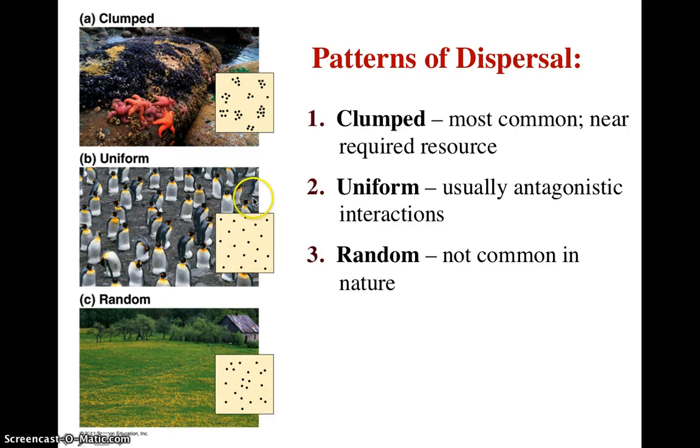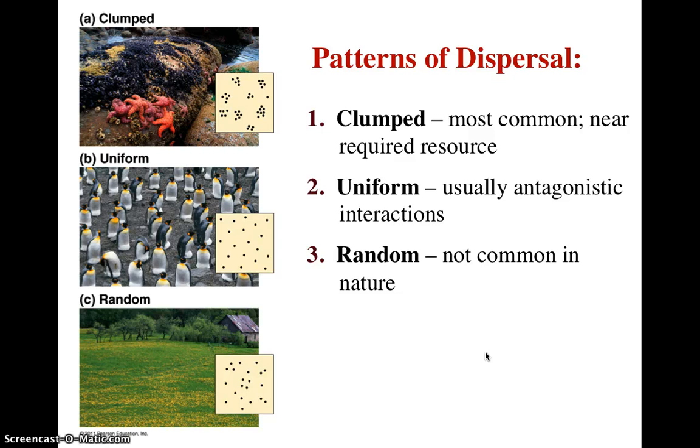The second one is uniform. This one's kind of weird. We're talking about the penguin dad trying to protect the eggs from other penguins that try to eat or destroy them. So that's the reason why they disperse very uniformly, very evenly.